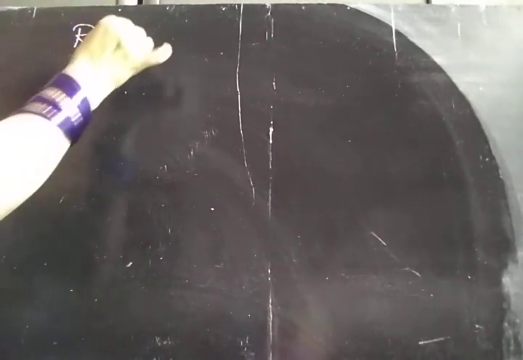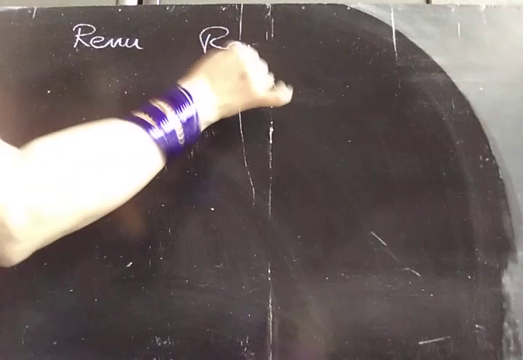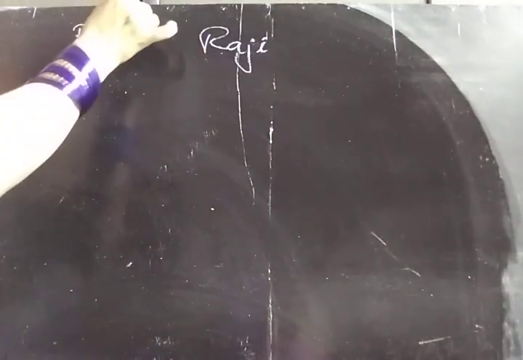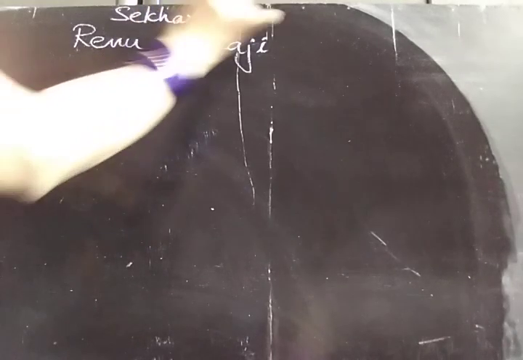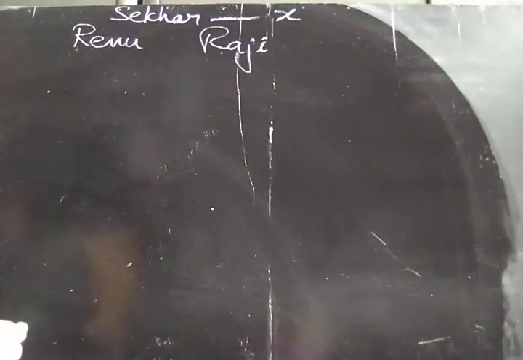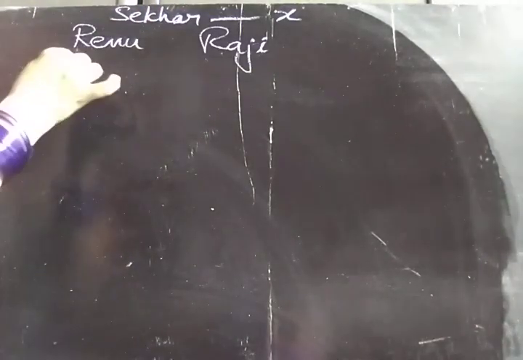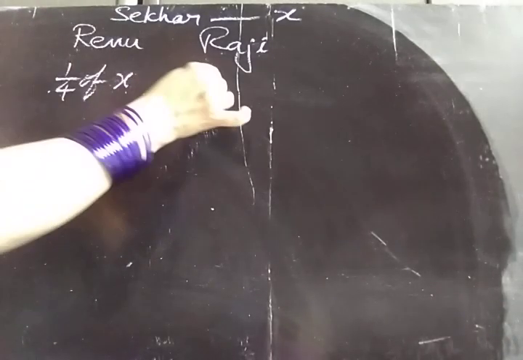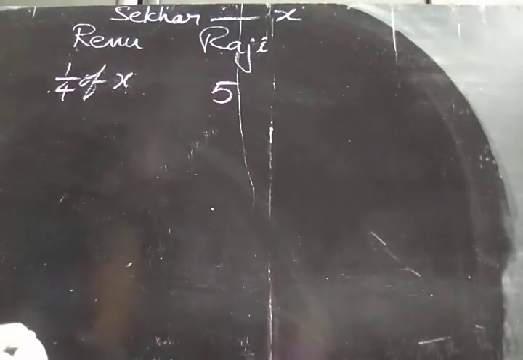Shekhar gives to Renu and Raji. Total with Shekhar, let it be x. So a quarter of the sweets, 1 by 4 of x, is given to Renu, and 5 sweets are given to Raji.